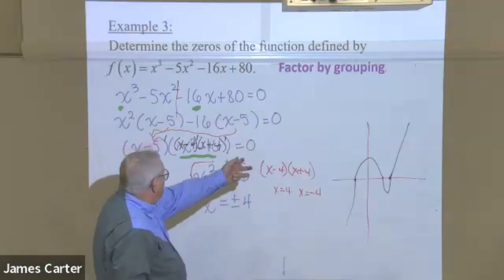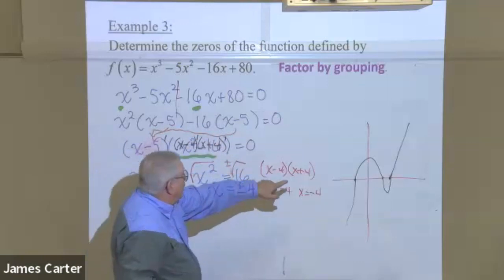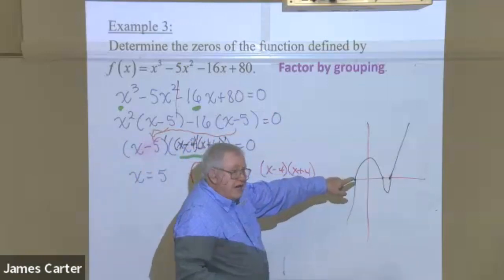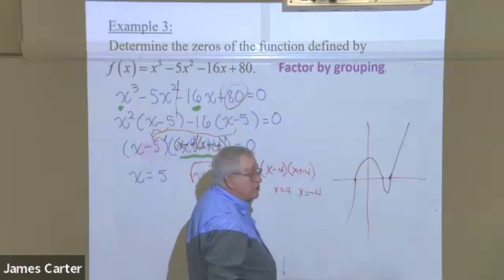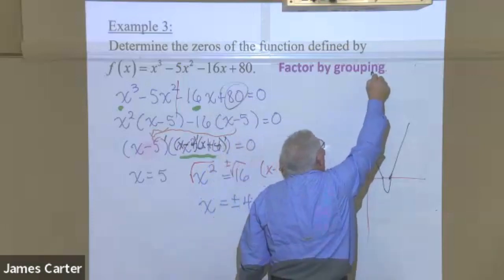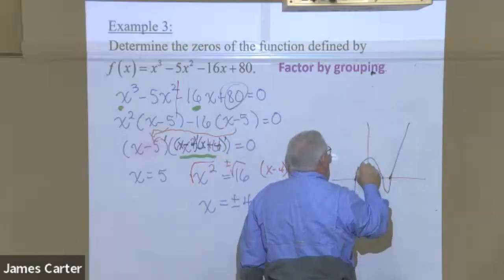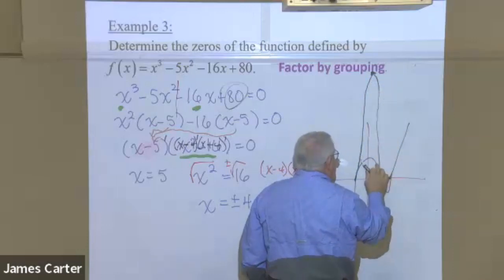Now, there's one more piece of information on this problem that we could get that would help us to know the exact shape of this. There's your y-intercept. Way up here. So that means that this thing's got to go up here and back down pretty steeply.